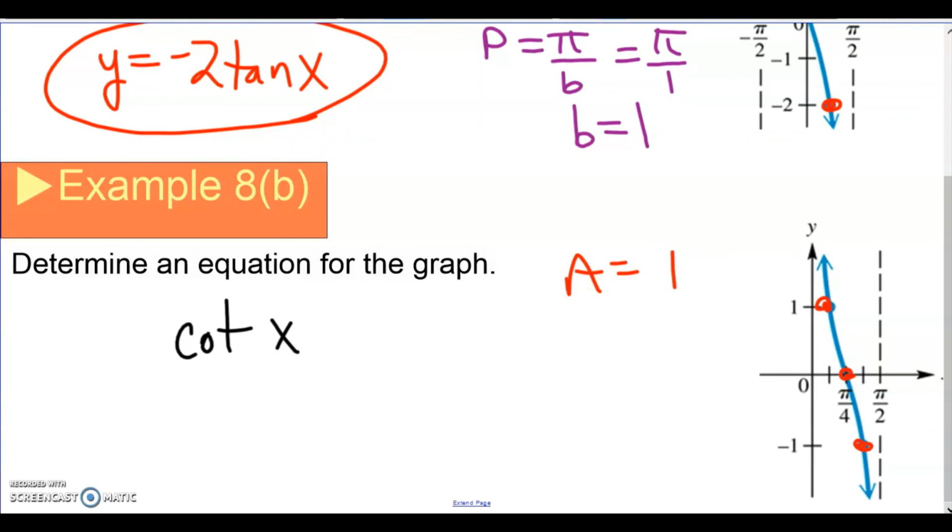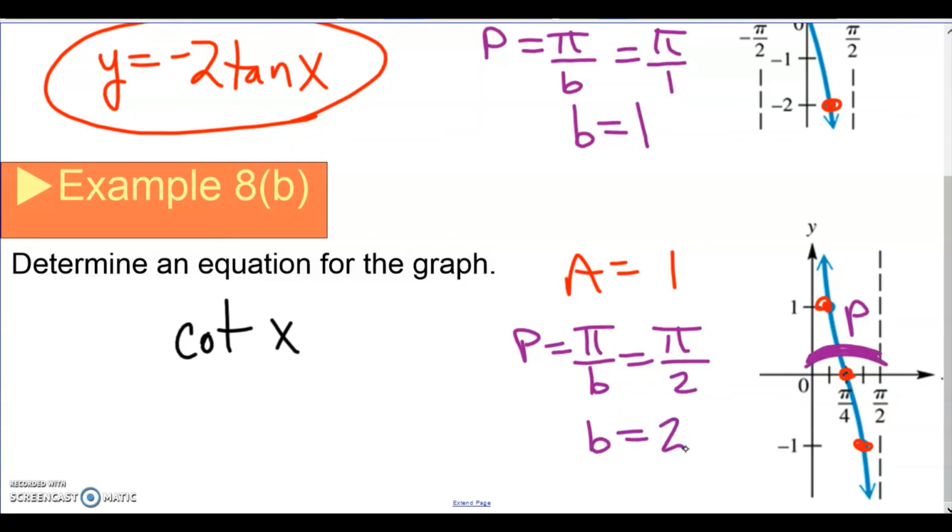And then the period from here to here, well, that's just got to be pi/2, right? So if the period of a tangent or a cotangent is pi/b, and in this case it's pi/2, then b must equal 2, right? And so there would be a 2 right there. Your answer, y equals cotangent 2x.